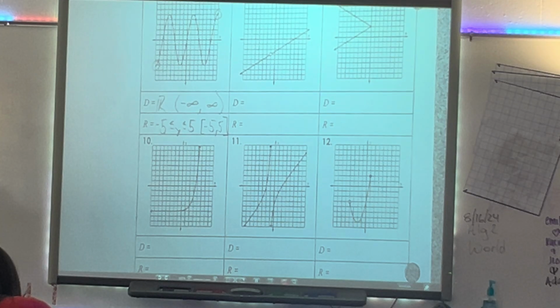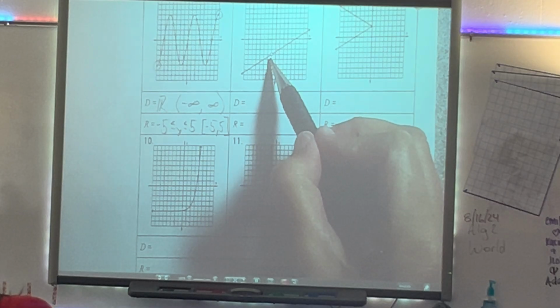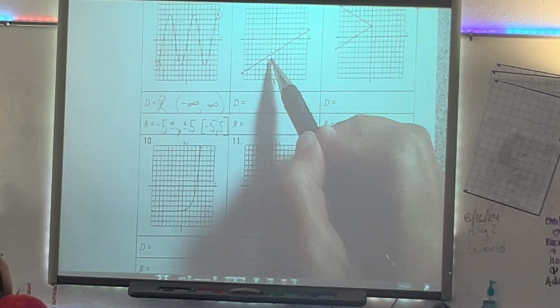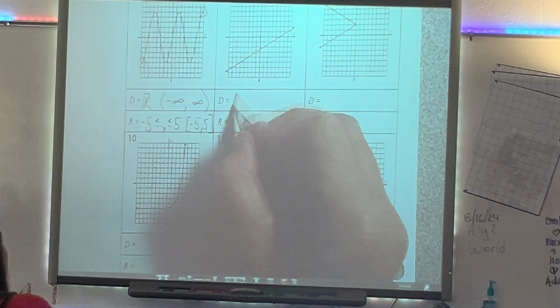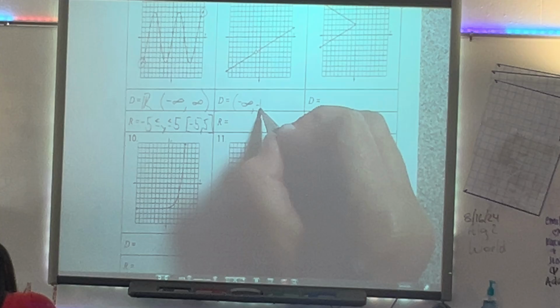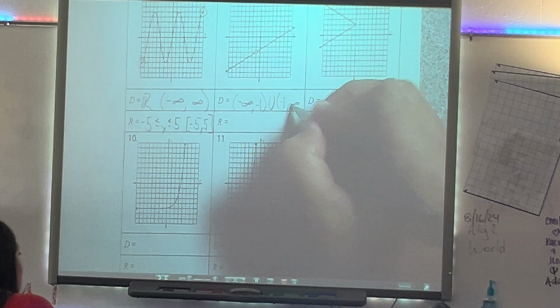Alright, so this one right here, you see that there's a hole in this graph, a discontinuity, and when I have a hole, when I write my stuff, I'm going to have a union. Are y'all okay? I'm just going to write the interval notation on this. So that is going to be from -infinity to -1, union with -1 to +infinity.